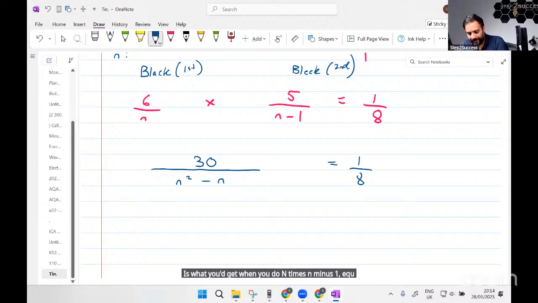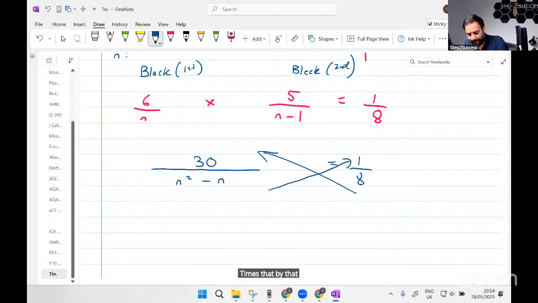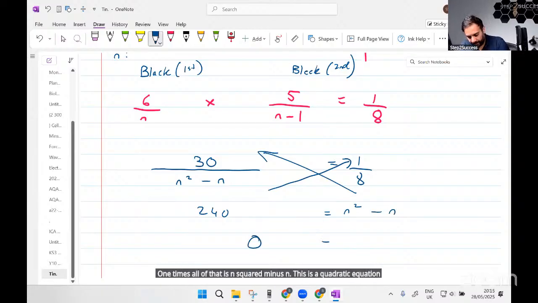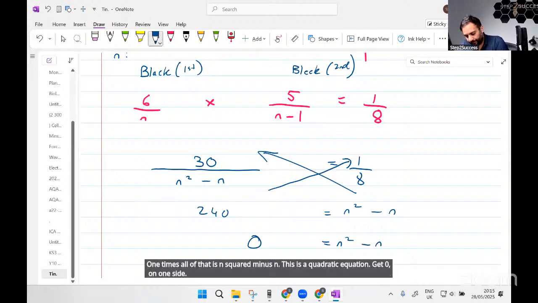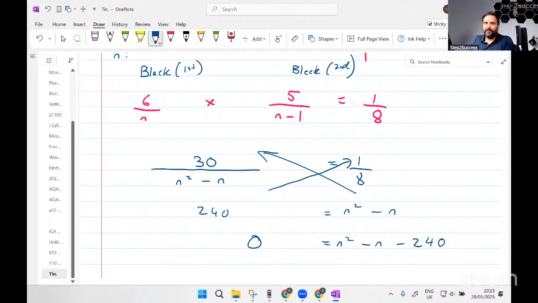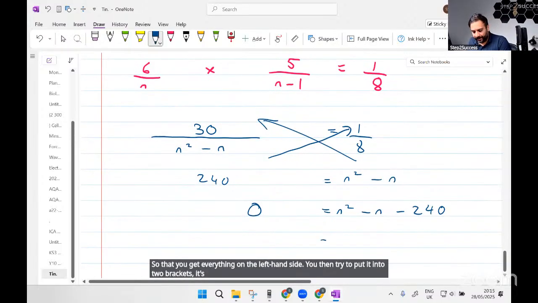Equals 1 over 8. Then what I would do, a bit like what we did in that capture recapture thing just now, times that by that and times that by that. 8 times 30 is 240. 1 times all of that is n squared minus n. This is a quadratic equation. Get 0 on one side so that you get everything on the left-hand side. You then try to put it into two brackets. It's quite hard, but I'm going to do it quickly.